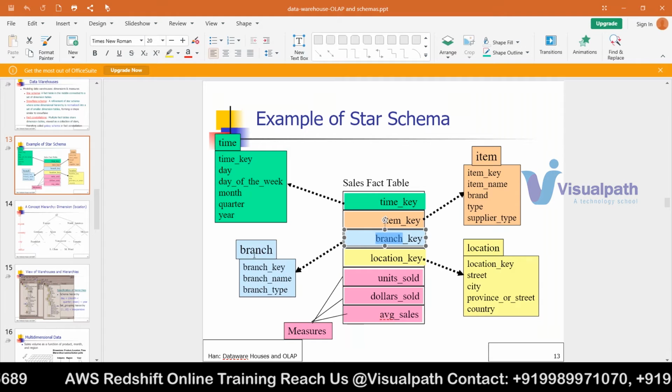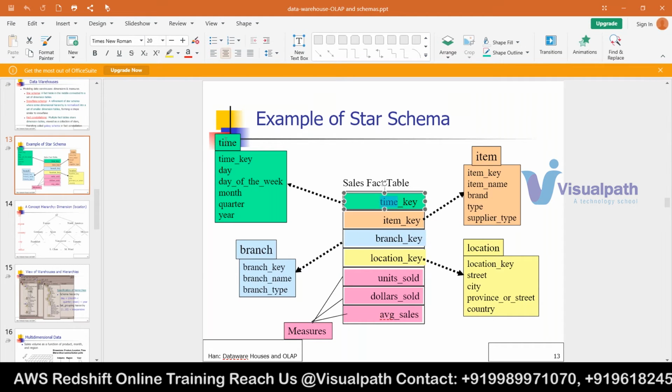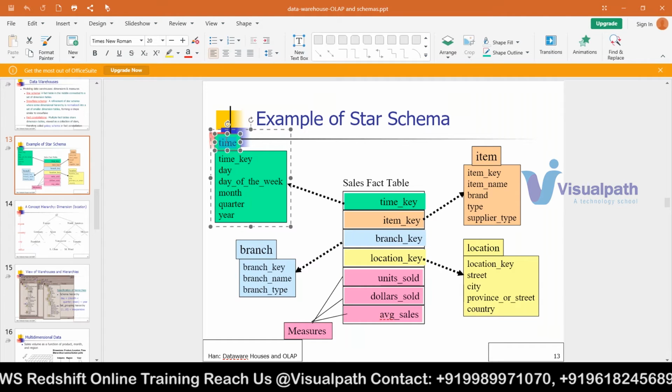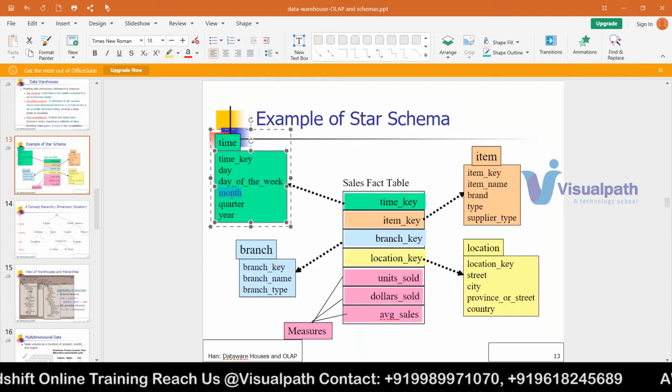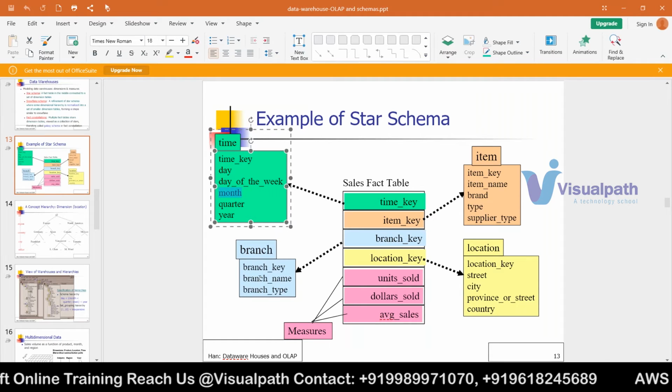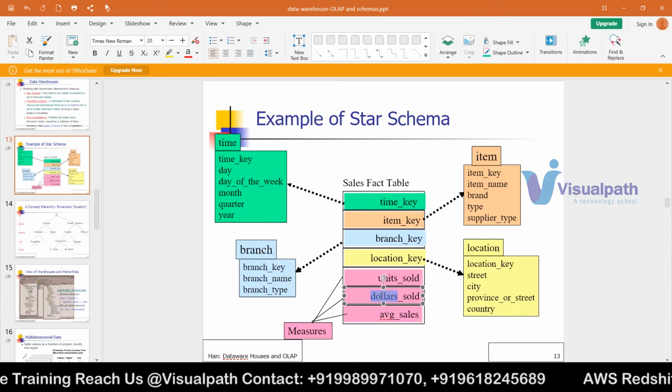From the time dimension it will take the month, and from branch it will take the branch, and the total sales is there already in the fact table.